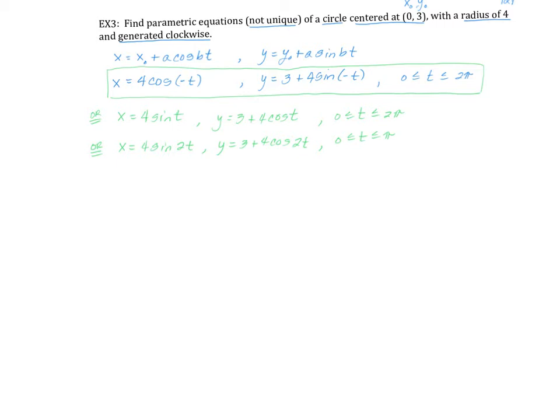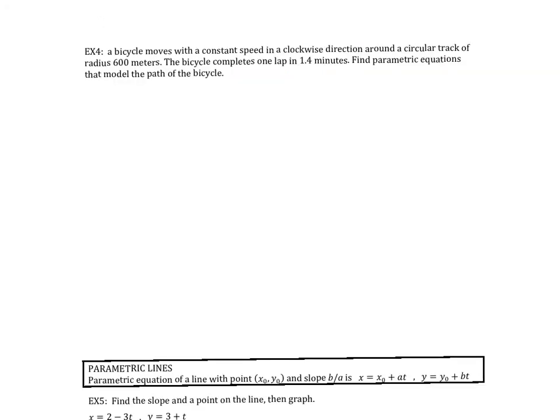It may have a different starting point on the graph, but it should all be generated clockwise, and you should get a complete circle. So you see, these are just 3 ways to represent this circle. The more conditions you have, the fewer choices you have for your parametric representation. So let's go on to some more examples.